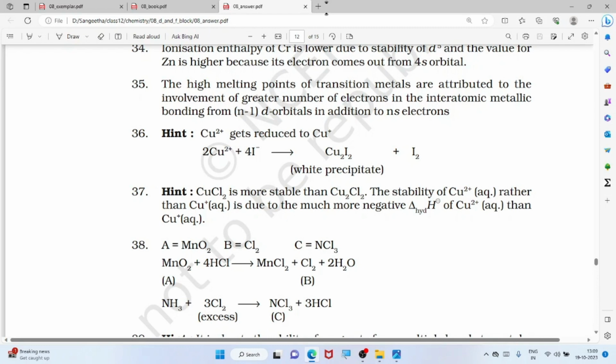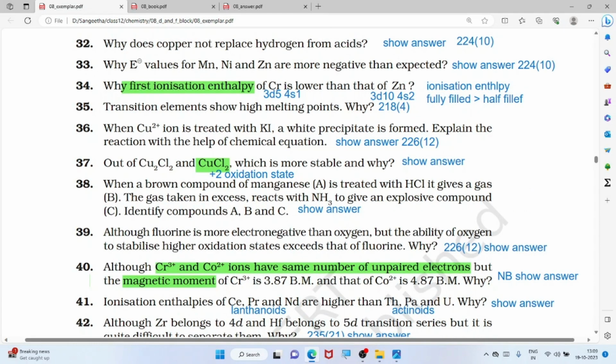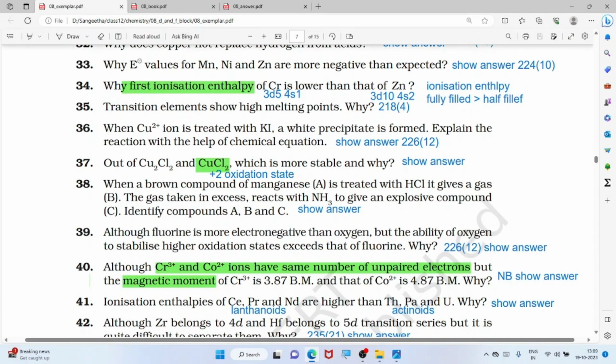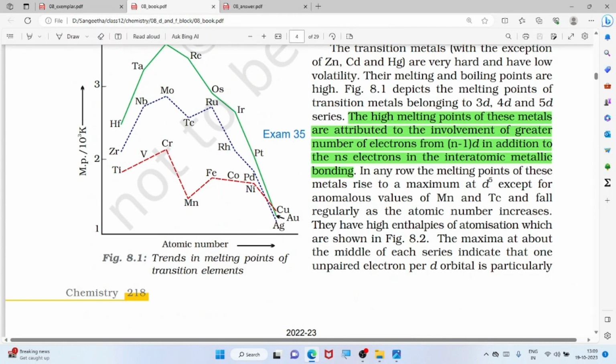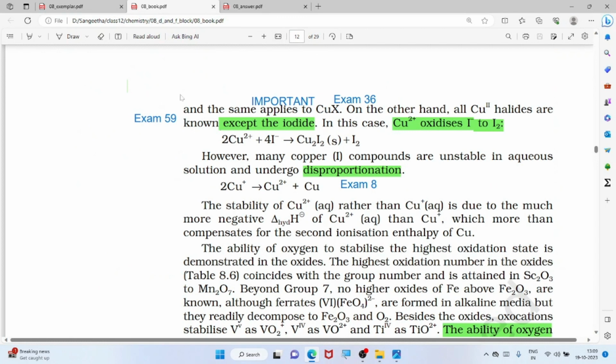This is on reduction, so it is gaining electron and getting reduced to this copper white precipitate. Okay, this is the reaction.